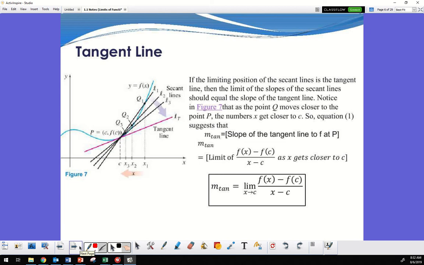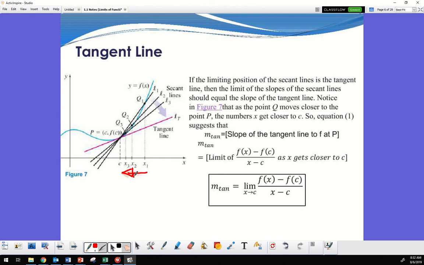So this whole process right here, so m tangent, is actually finding the limit as this gets closer to that value. As I keep going, if you're looking at my black lines, this is the whole process of a limit.